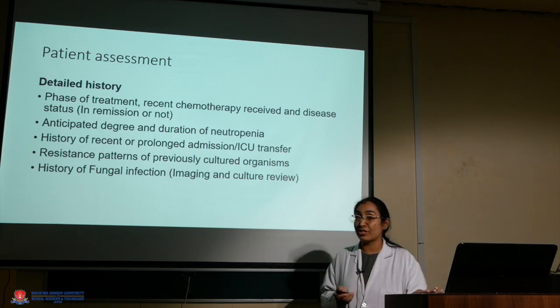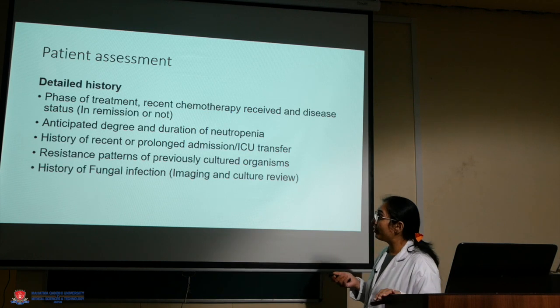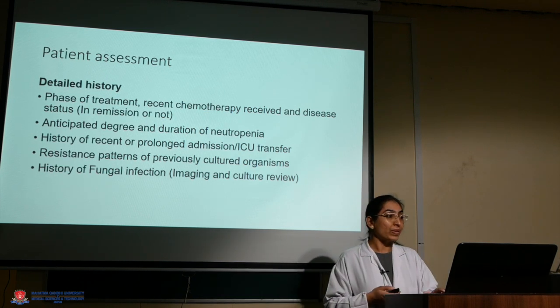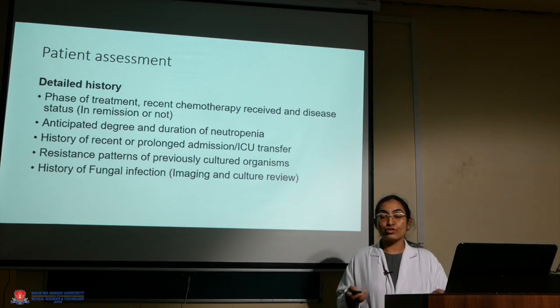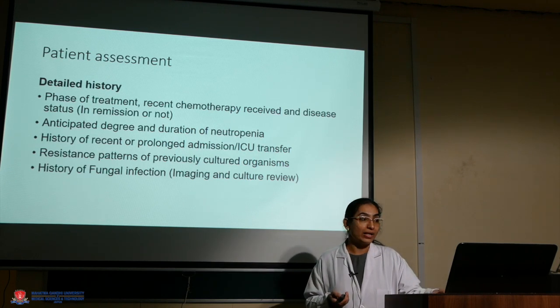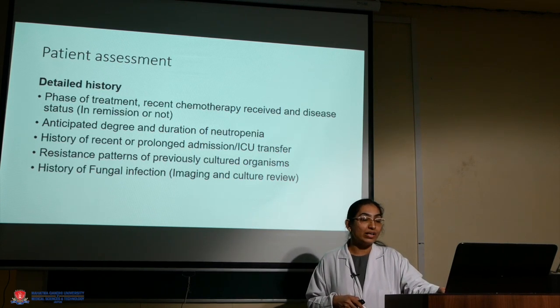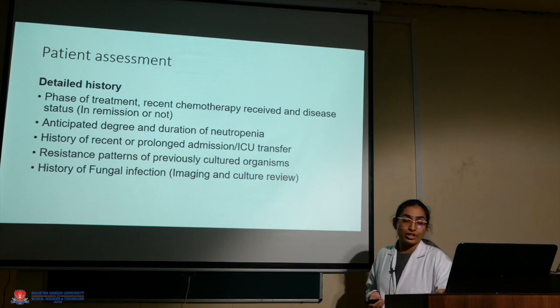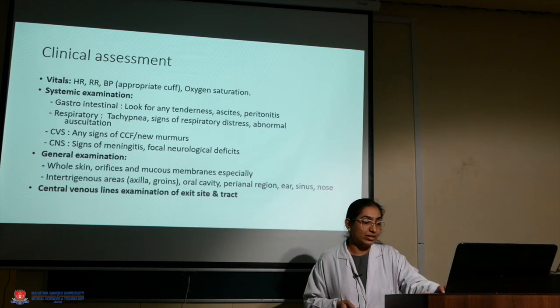So that will tell us that the patient might be able to contract some pathogens which are hospital acquired also. Resistant patterns, so we need to know the resistant patterns in our hospital, and accordingly we should treat according to the antibiotic. History of fungal infections. So we do imaging, we do culture review and find out whether there are any fungal infections or not.